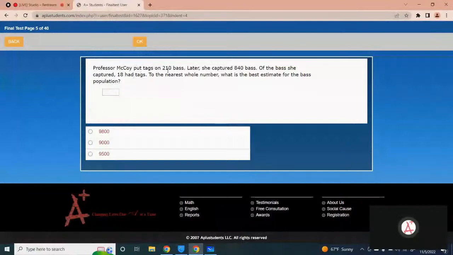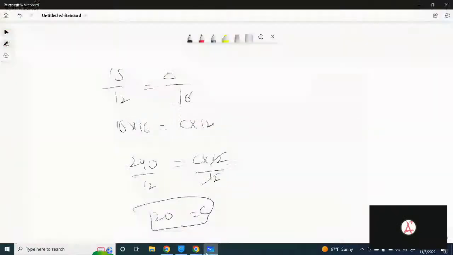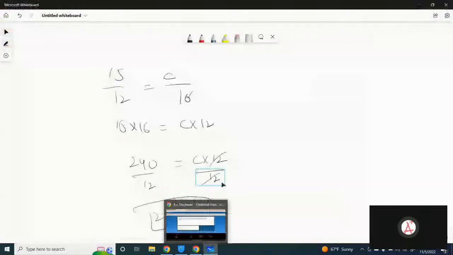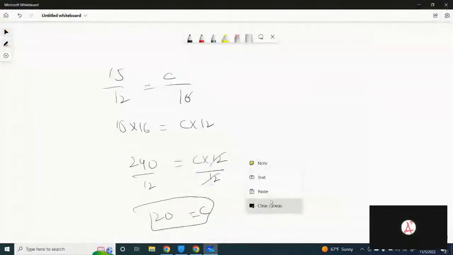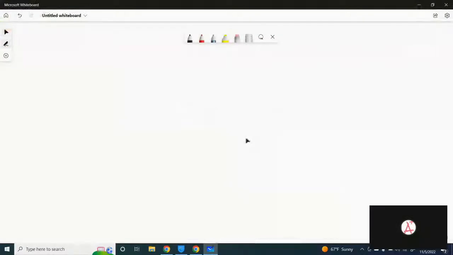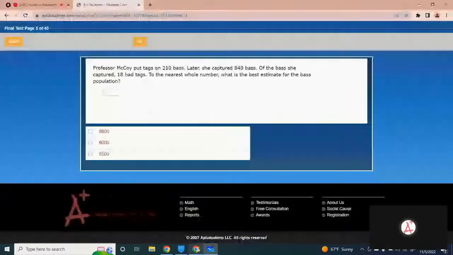So it would be 18 over 840, just form the proportion. Out of the ones she captured later, 18 have tags, and the total she captured is 840. Got it? And on the other side, the tags were 210.